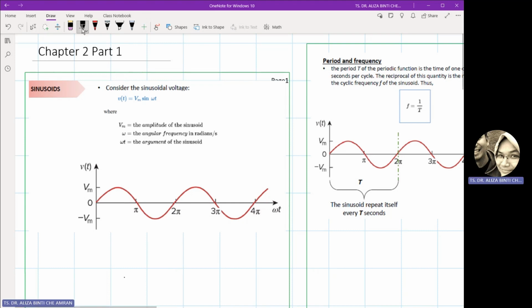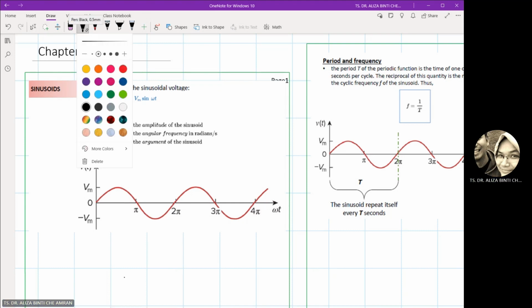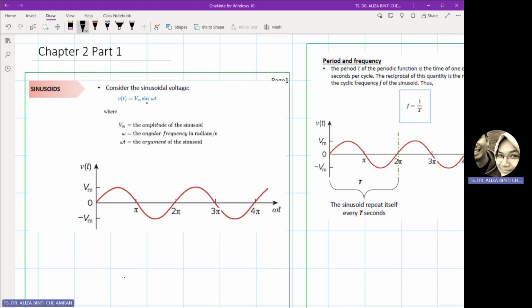For example, this is one example of an AC signal equation. In this kind of equation, there is an amplitude, Vm, which explains how tall or how high the amplitude of that signal is. And omega is the angular frequency of the signal.